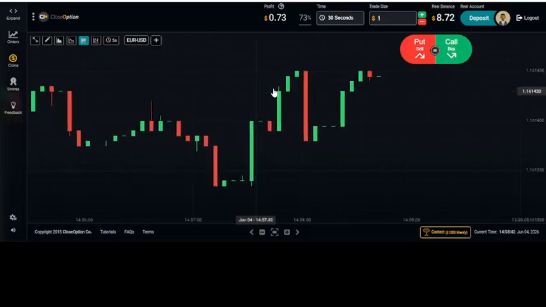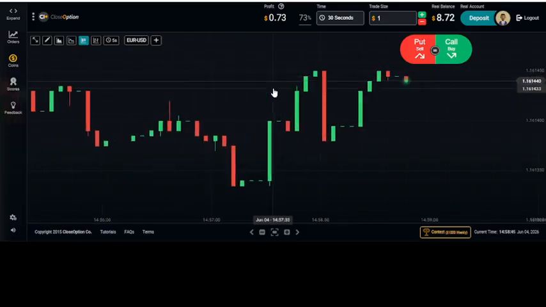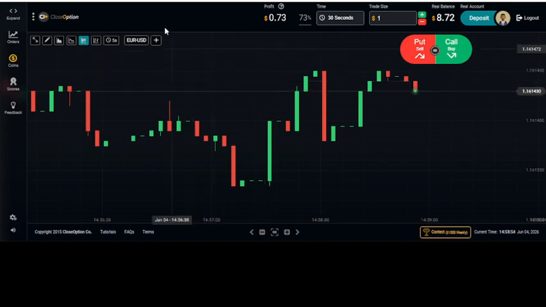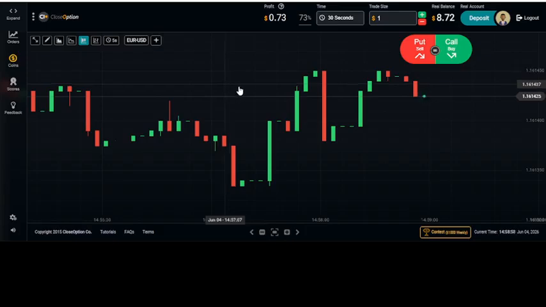No synthetics on Close Option. If you're concerned about trading OTCs or synthetic prices, Close Option doesn't play that. All right, strictly real trading prices, real historic data.